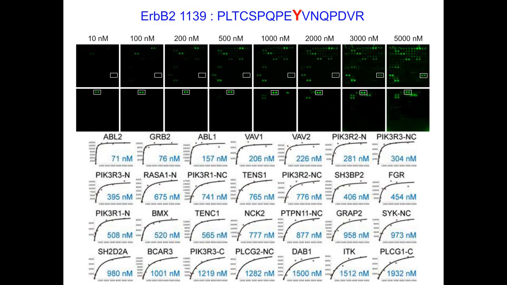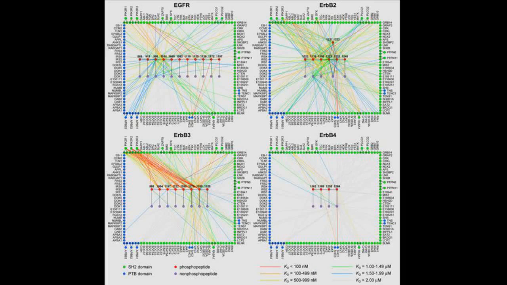Because this was all done in an automated manner in terms of the liquid handling and the data extraction via the image analysis, we were able to quickly characterize the binding potentials of all 150 of the putative phosphotyrosine binding proteins in the human genome.